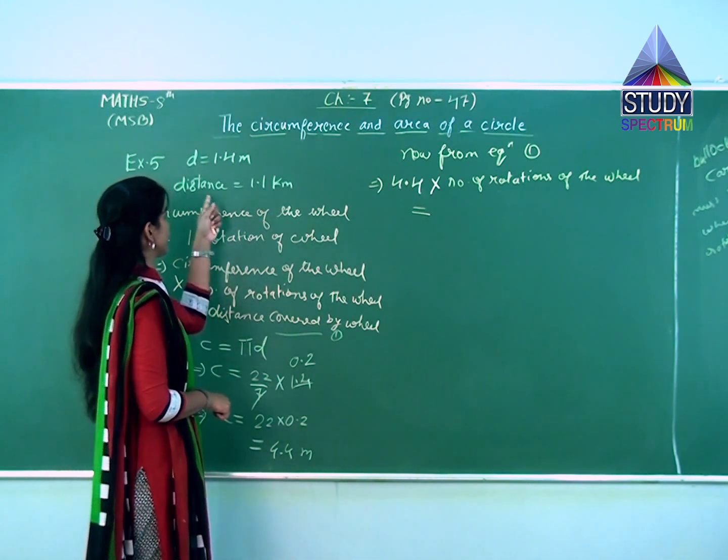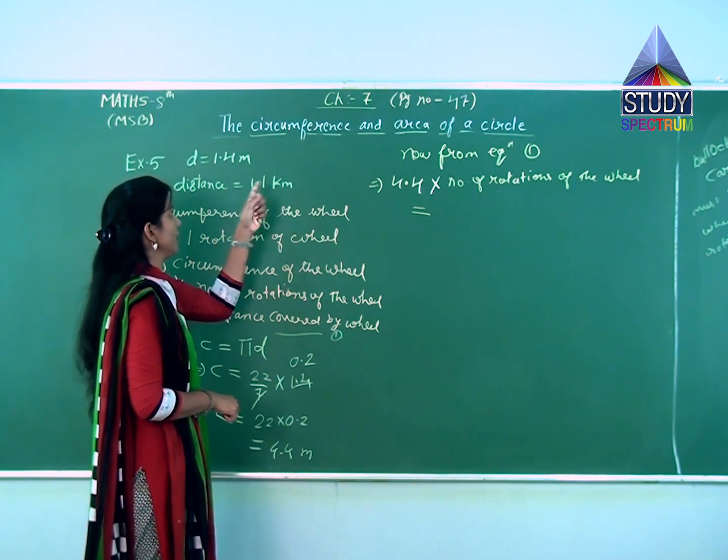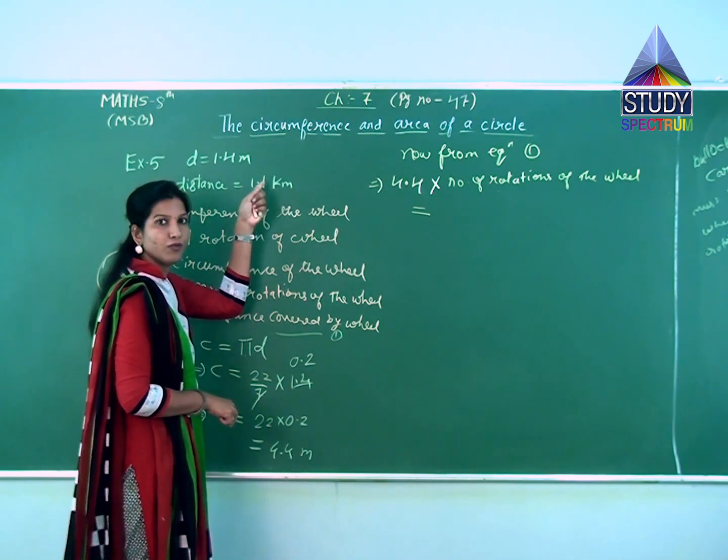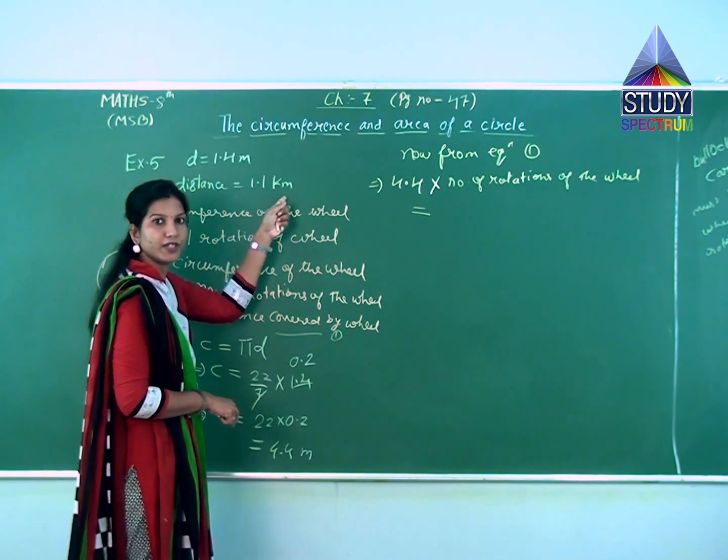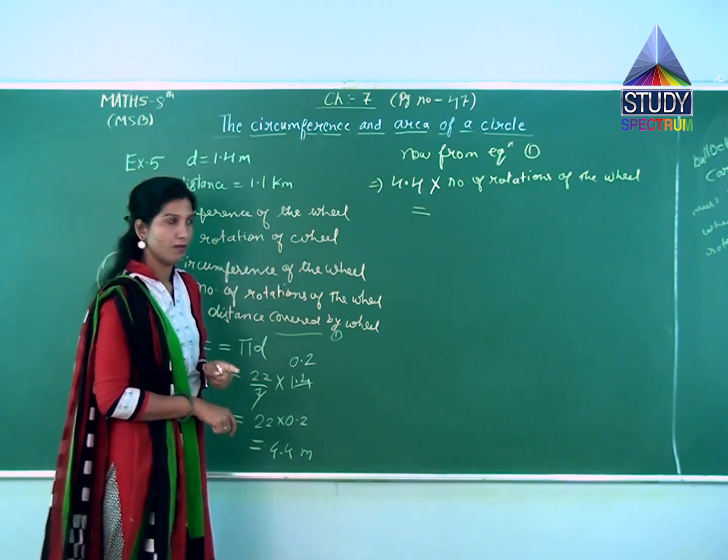If diameter is given in meters, you must convert the distance into meters also. That's why 1.1 kilometer should be converted into meters.